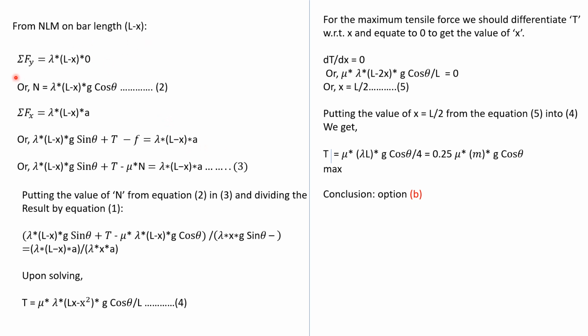Okay, so we have taken the summation of Fy as 0, so N is equal to this, equation number 2. Summation of Fx, all the forces in the x direction, is lambda into L minus x into a from Newton's law of motion, and we have put in all the values, and we got this equation, number 3.